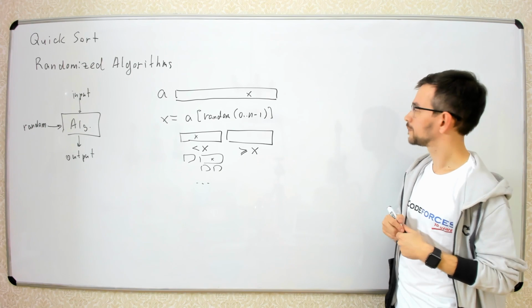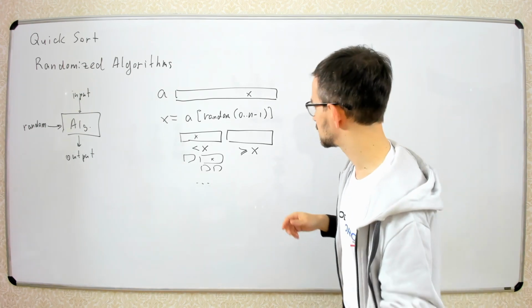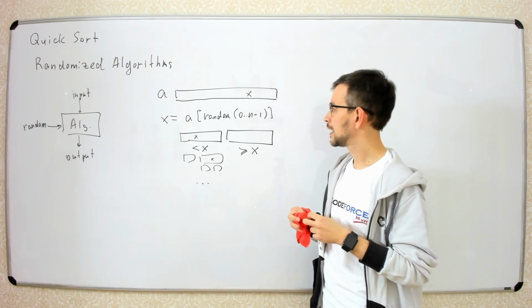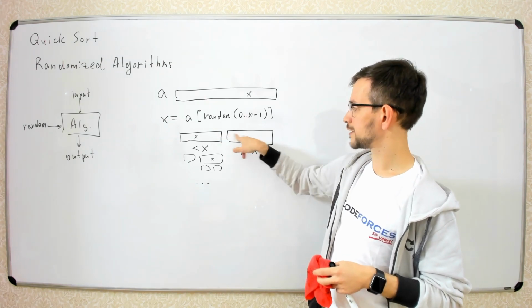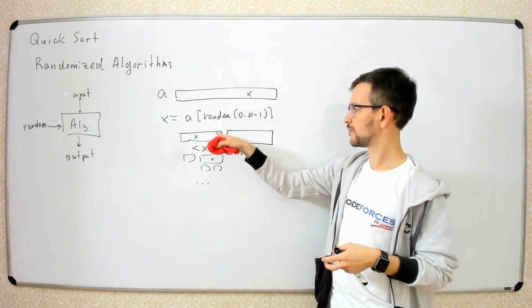Should we write the code? No, let's write the code. It will be simple. Let's upgrade it a little bit. Instead of having new arrays each time, we can upgrade it by using the same array for these two halves.